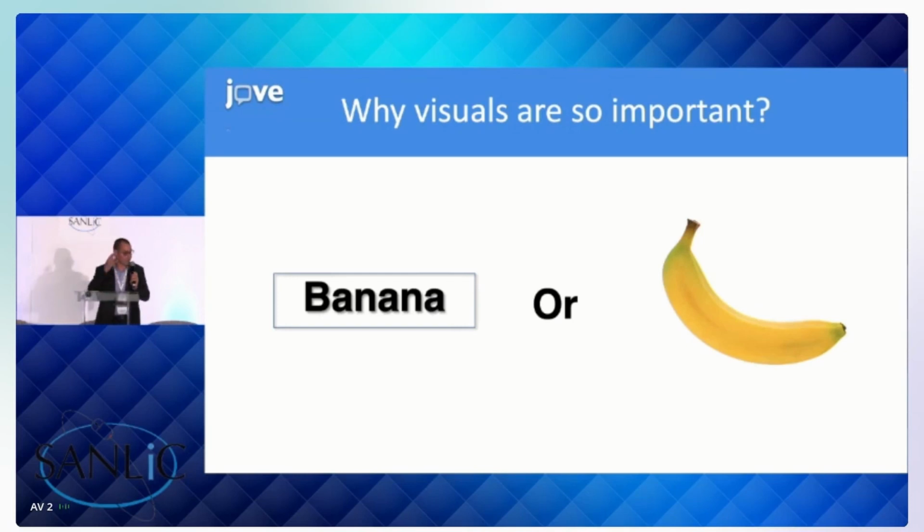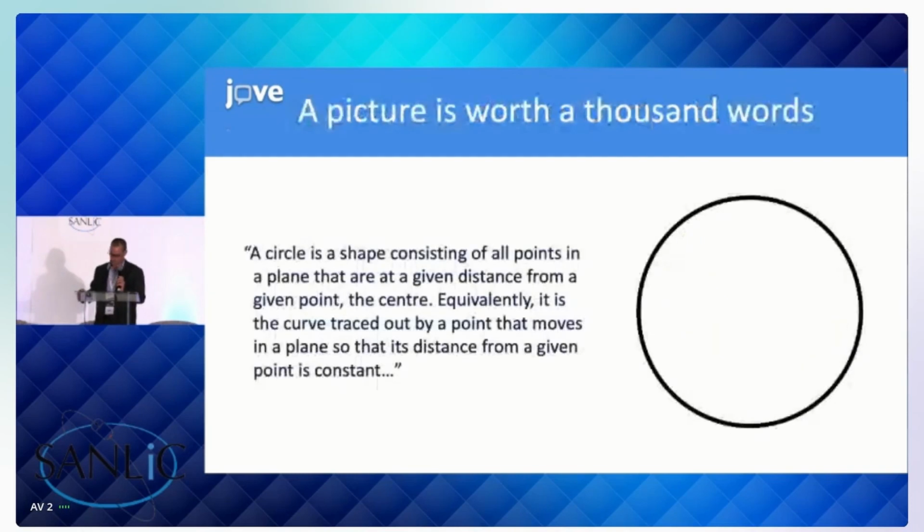Our life and our understanding is basically a lot of pictures combined and not necessarily a sequence of letters. And that is why a picture is worth 1,000 words, because it's much, much easier to understand what a circle is from a picture than just to read, a circle is a shape consisting of... Okay, a picture is easier, right?